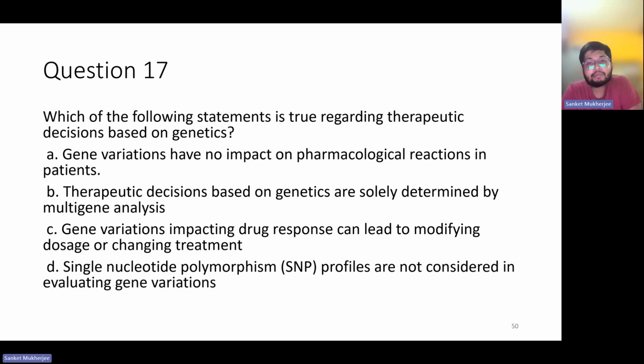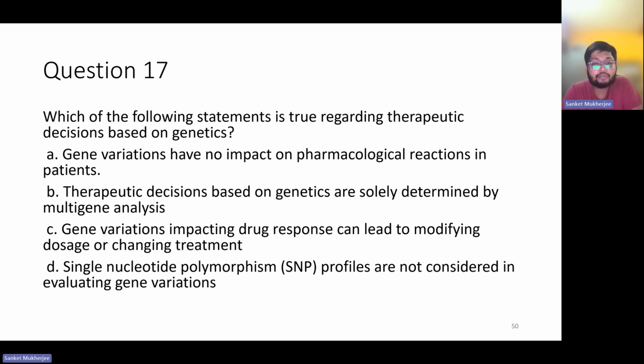Which of the following statements is true regarding therapeutic decision based on genetics? A, gene variations have no impact on pharmacological reactions in patients. B, therapeutic decisions based on genetics are solely determined by multi-gene analysis. C, gene variations impacting drug response can lead to modifying dosage or changing treatment.